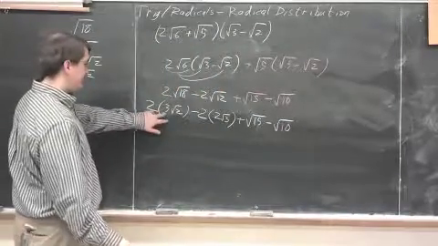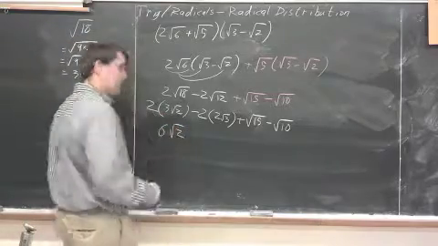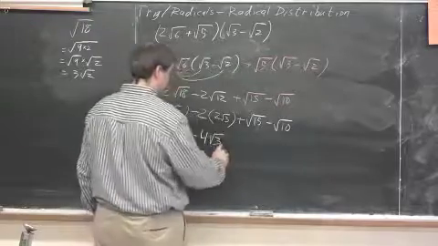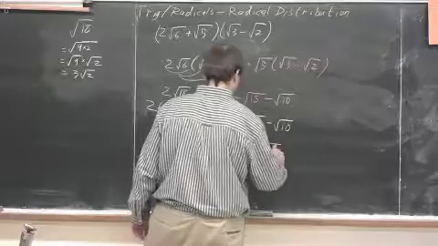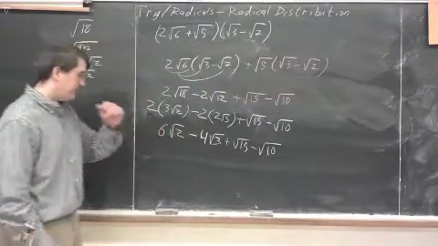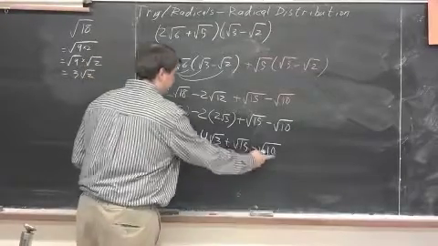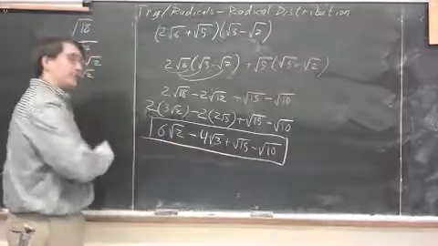And so my final step is to multiply these things. So we get 6 radical 2, multiply the coefficients essentially, minus 4 radical 3, plus radical 15, which doesn't reduce or simplify, minus radical 10, which doesn't reduce or simplify. I can't combine any of these. I got a 2, a 3, a 15, and a 10. And so while it's not very pretty, that's my final answer.